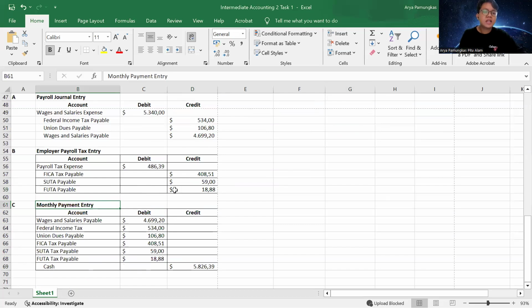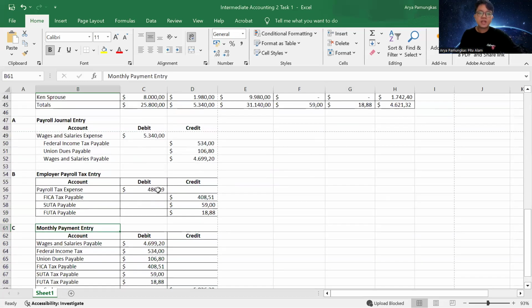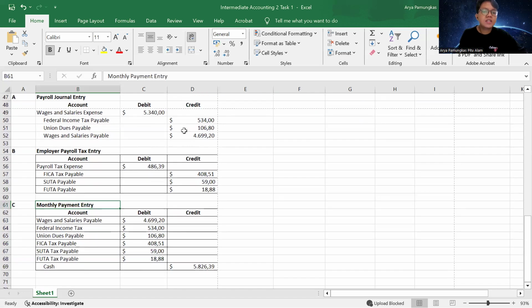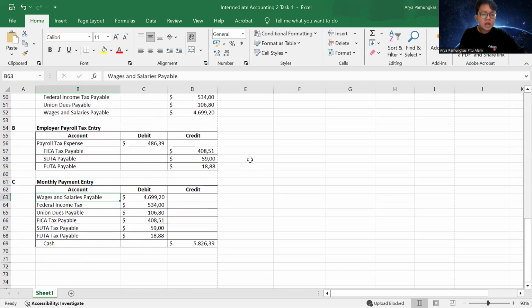We are just gonna move every account that was already stated on the credit to the debit, which the first is wages and salaries payable for $4,699.2, and then the federal income tax payable for $534, and the union dues payable is $106.8.